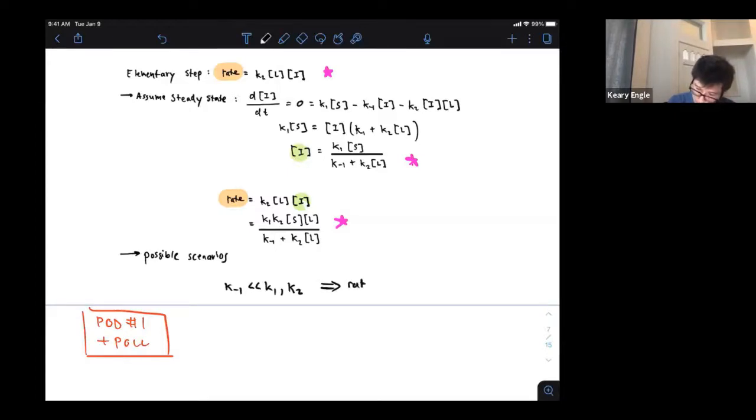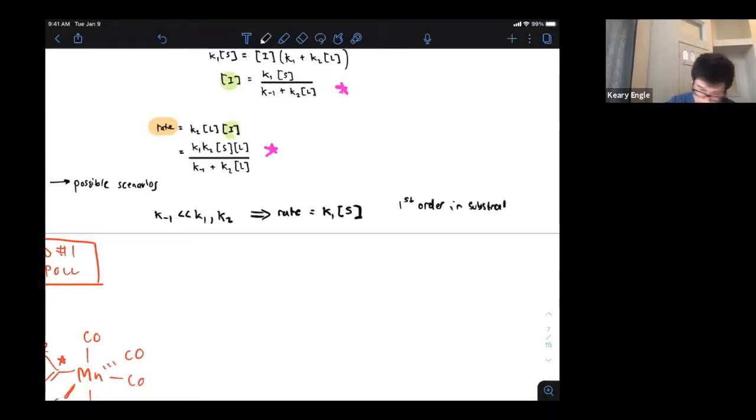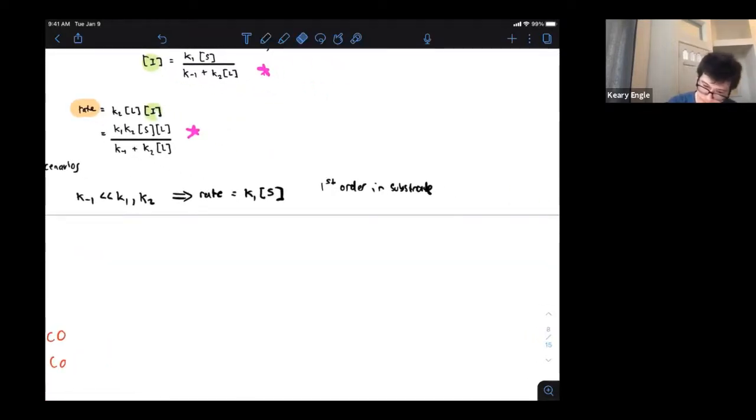In that case, this rate expression simplifies to a first order regime just in the substrate. And we can call this scenario "always traps."